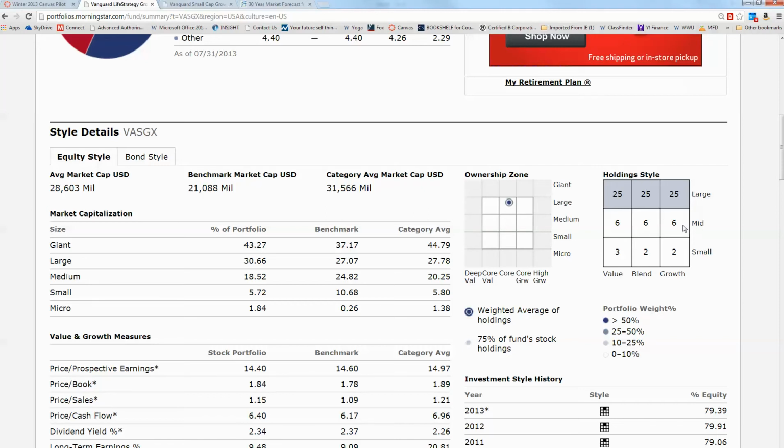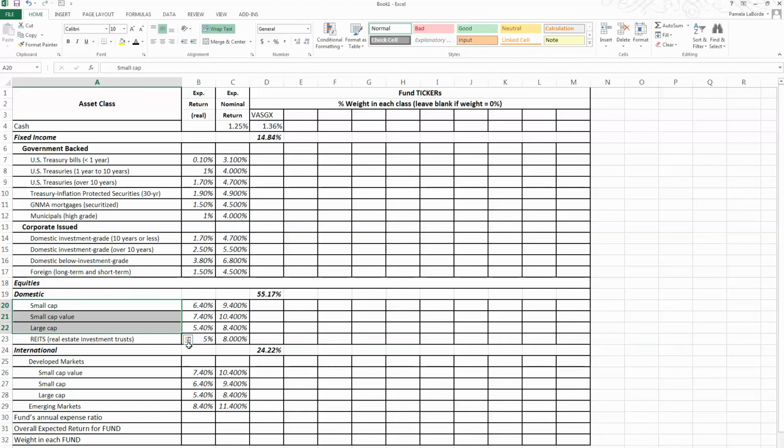So I'm going to pop these 6 categories that I have highlighted into the large cap category. Basically I'm saying, okay, 75% is the sum of this first row, 18% is the sum of the second row, so 75% plus 18% is what I would input into the large cap weight here.